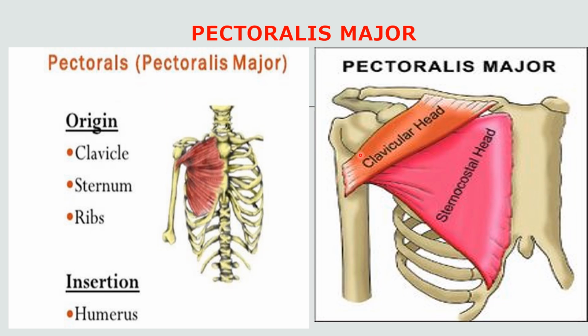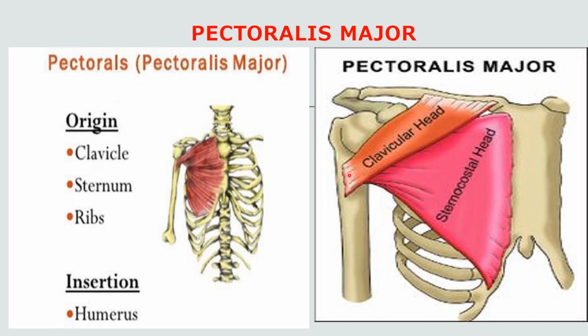Insertion. This is the insertion of the pectoralis major. The muscle converges to form a bilaminar tendon. Bilaminar, having two laminae: we say the anterior lamina, the other is the posterior lamina. These two laminae are inserted into the lateral lip of the intertubercular sulcus of the humerus, also known as the bicipital groove.